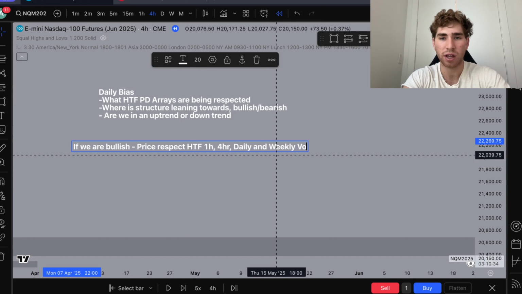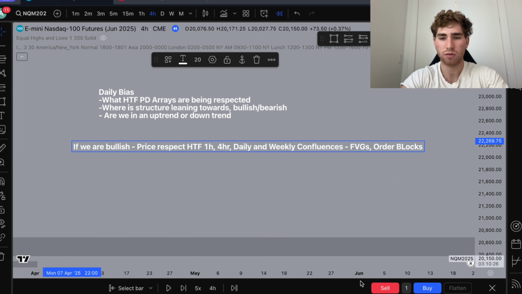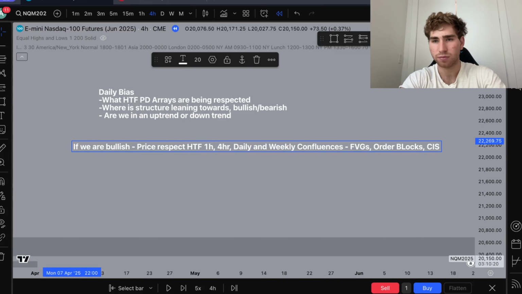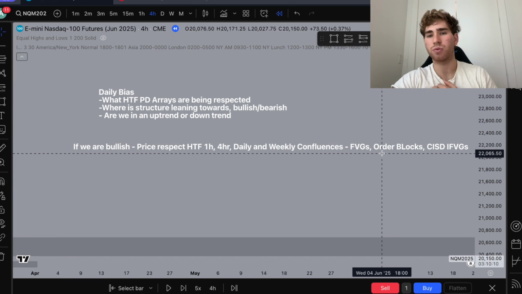What are the confluences that I've taught you? Confluences, meaning fair value gaps, order blocks, CISDs, IFVGs, etc. These are the main ones I use. This is really all you need to know.